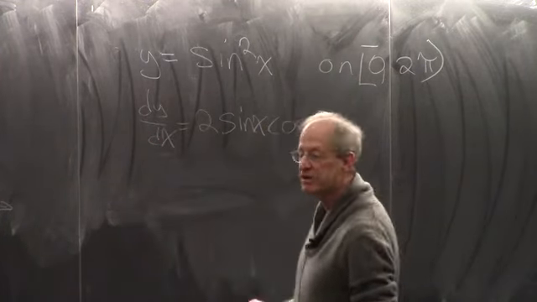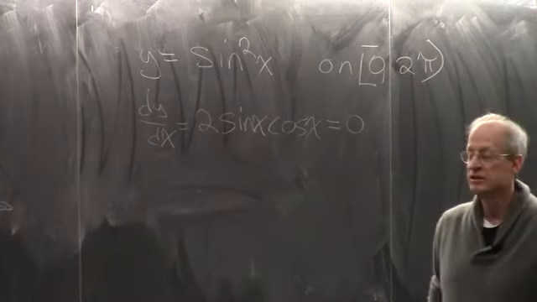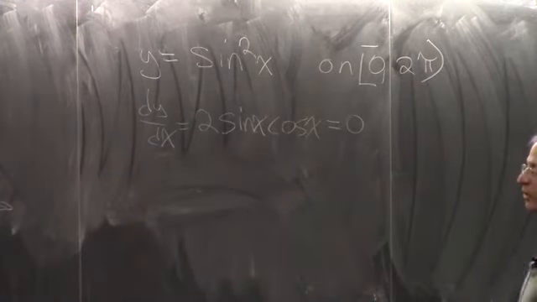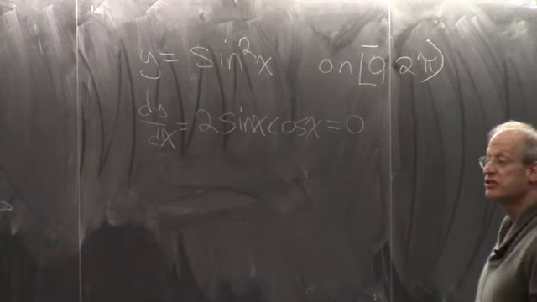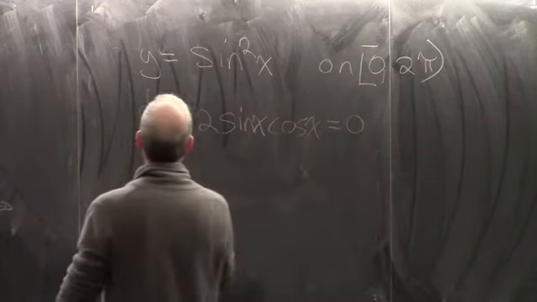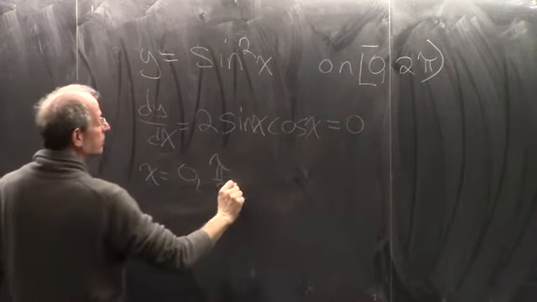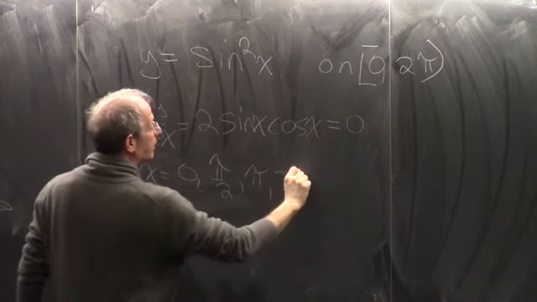I need to figure out where that is 0 on the interval from 0 to 2 pi. It's going to be 0 where sine is 0, or where cosine is 0. So that would be at x equals 0, pi over 2, pi, 3 pi over 2.